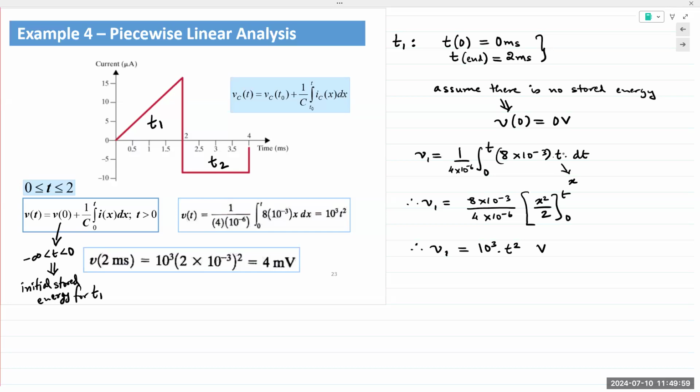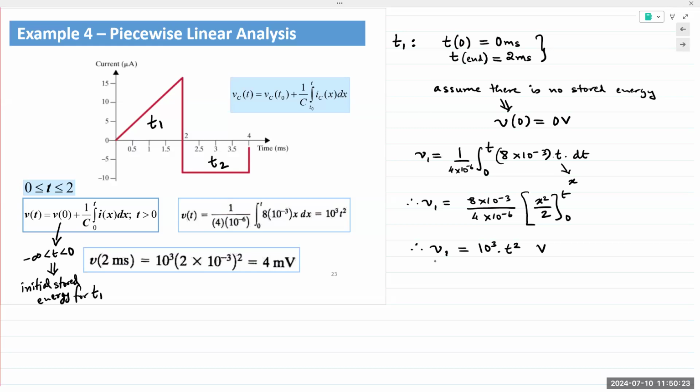The limits of the integration are also time T, and hence we change the variable from T to X. X squared over 2, plug in T, and we get the answer for V1 as 10 cubed times T squared. All good? Okay, so now we go to the next time period.